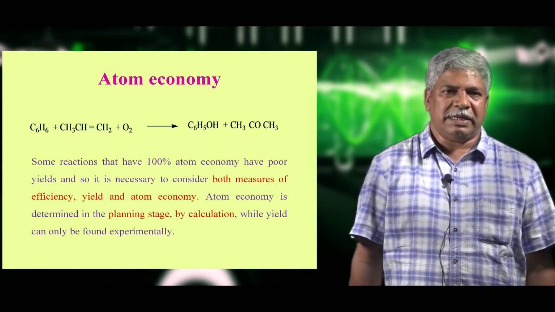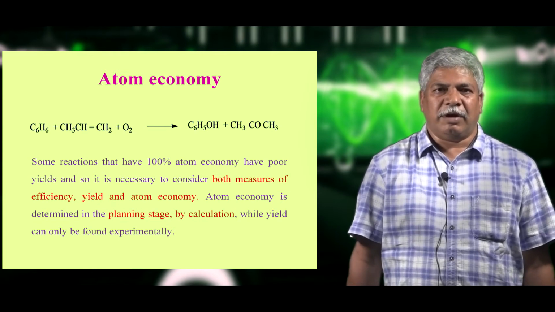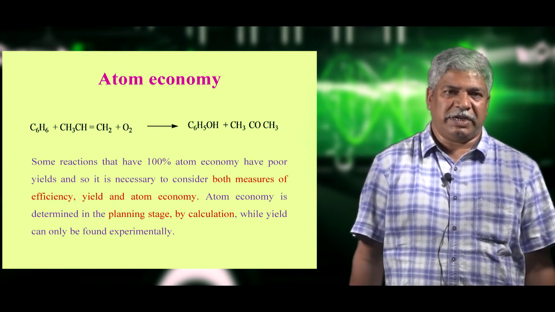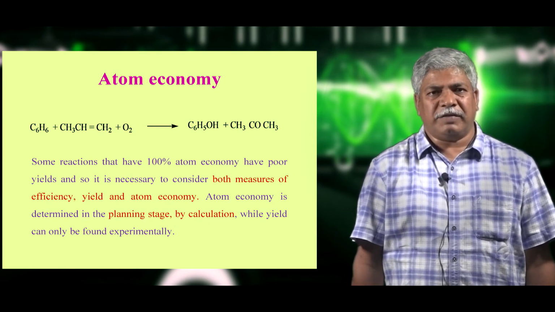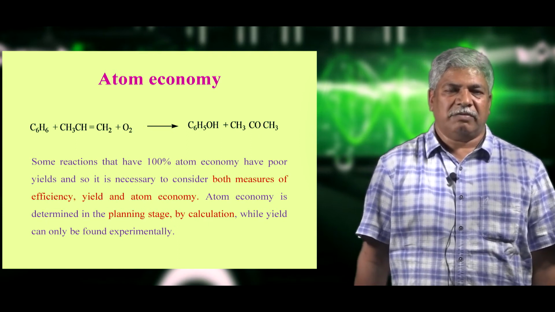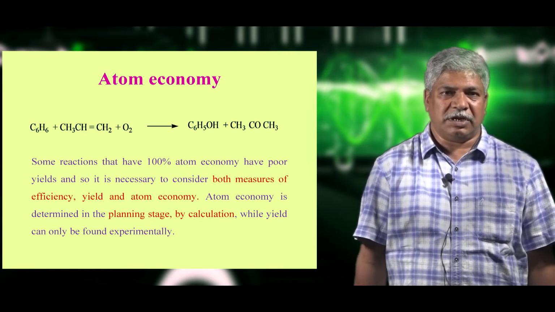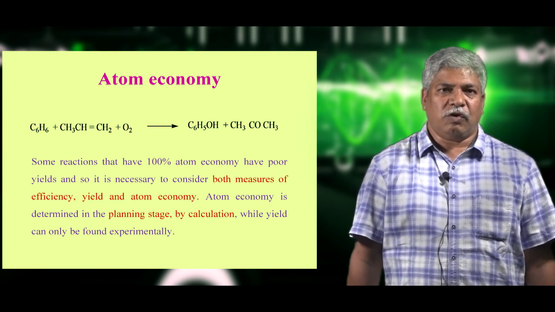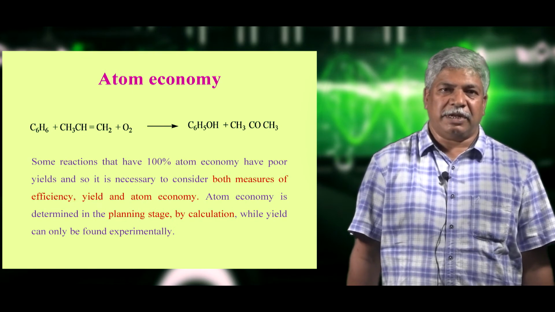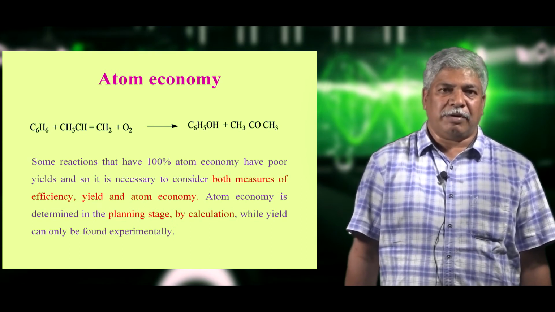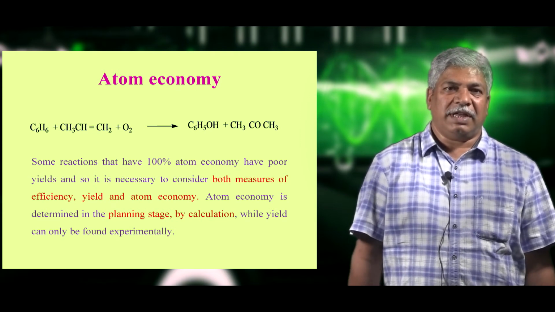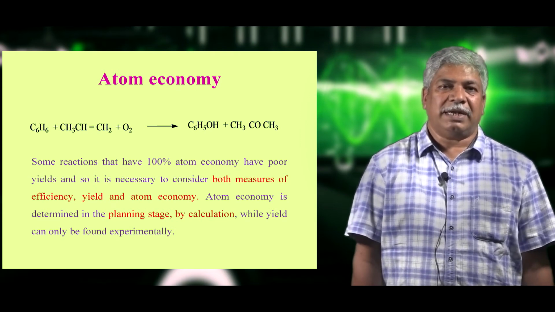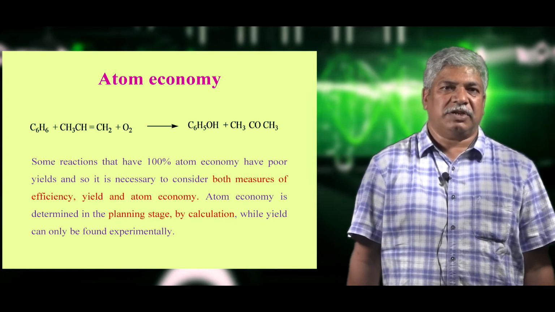Normally atom economy we consider in the planning stage, whereas the yield we consider after the completion of the reaction. That is, after executing the reaction we calculate the yield. So as a better choice, it is better to consider both atom economy and yield, so that we can safely arrive at a conclusion while deciding which reaction is suitable.